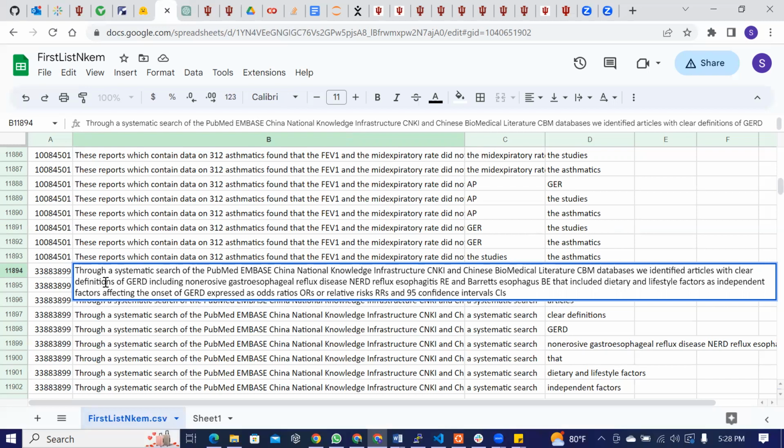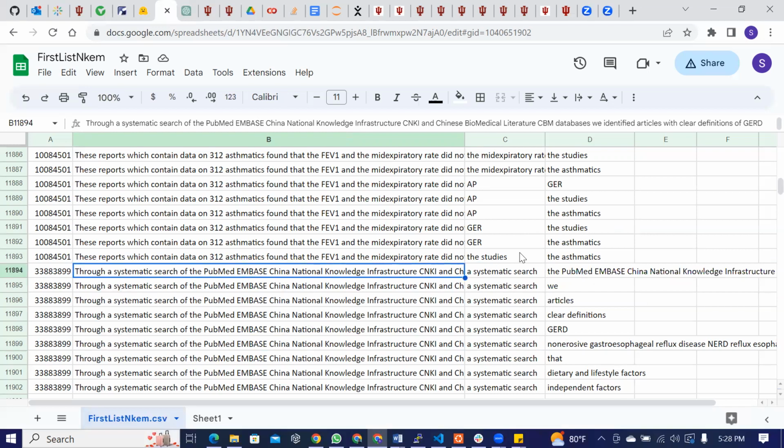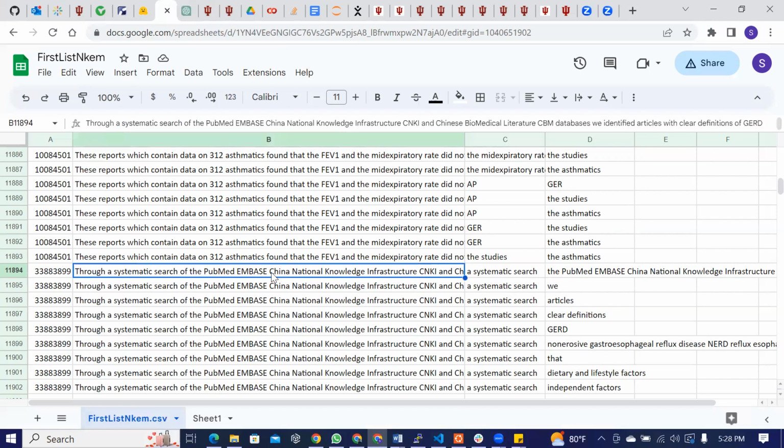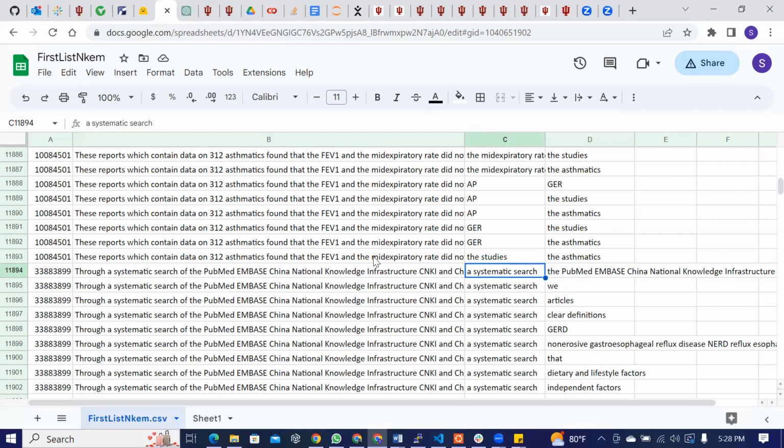Now, if we go through the sentence, we get an overall view of the different relationships in it. It has been broken down, starting with a systematic search. First of all, a systematic search is not a medical term. When you're drawing a knowledge graph, you don't need a systematic search. So all we have here is false.